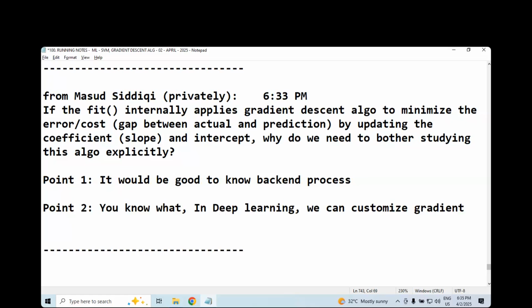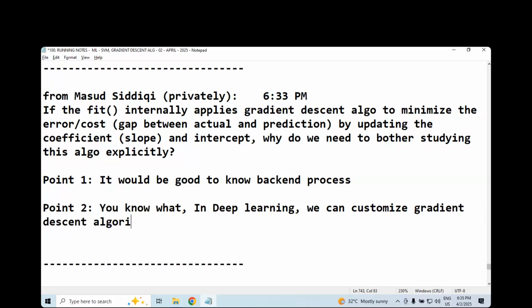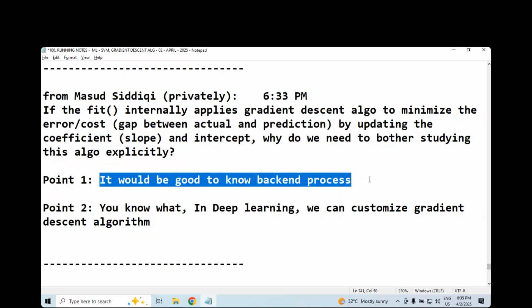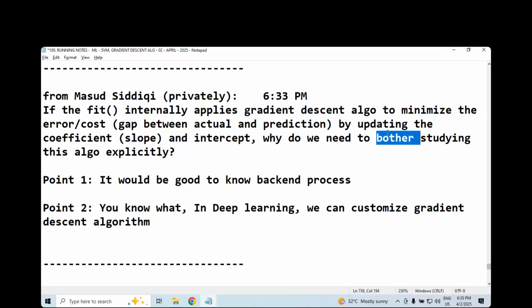Then you should know the process. If you want to customize the gradient descent algorithm approach, you should know the process. First point: it would be good to know the backend process. You need not bother, but if you know it, it will be helpful for you. But in deep learning, we can customize the gradient descent algorithm. That is what you need to understand.